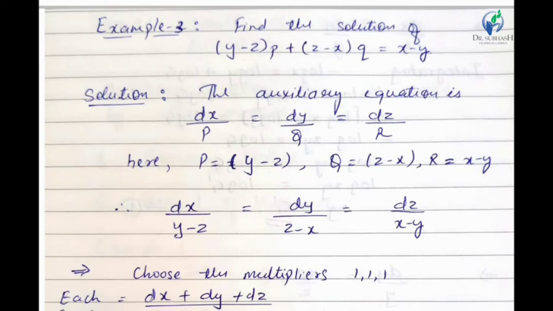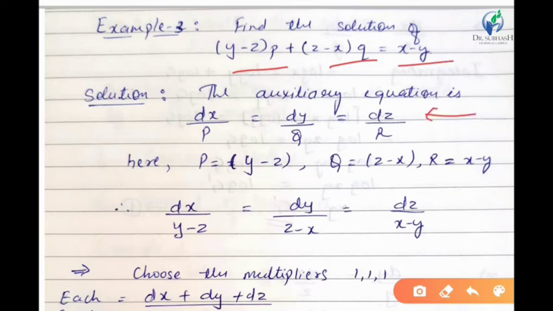See again, the question is, find the solution of (y minus z)p plus (z minus x)q is equal to x minus y. This is our auxiliary equation as we did above.